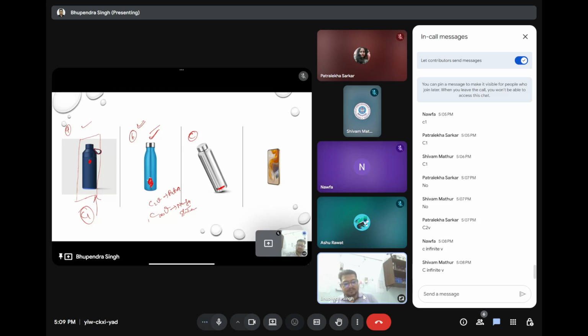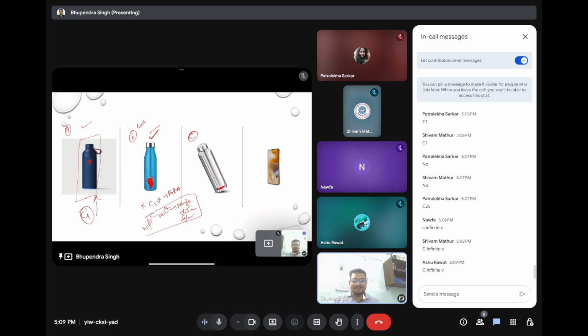And I told you that do not consider this design, whatever is written here. C infinite V, yes. So Patlekha, your answer is wrong. Ashu is showing C infinite V.